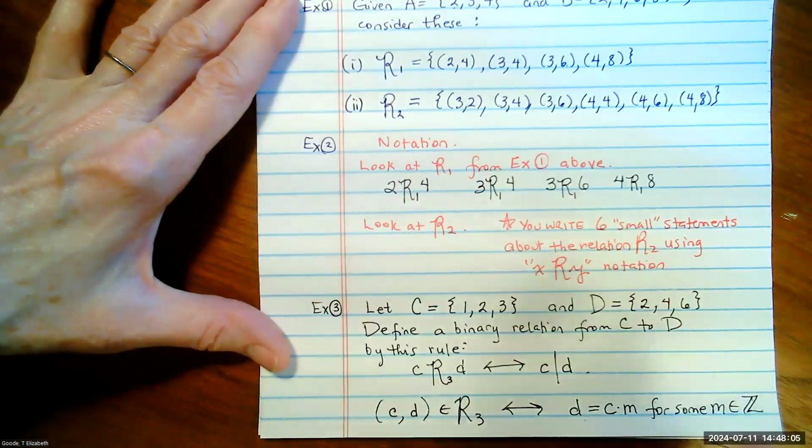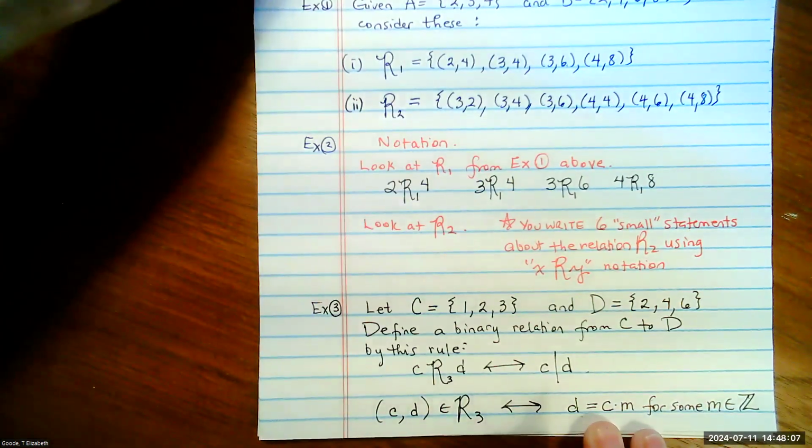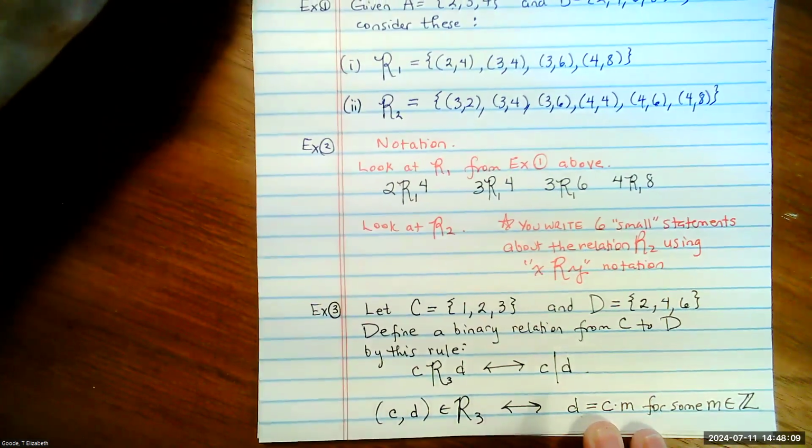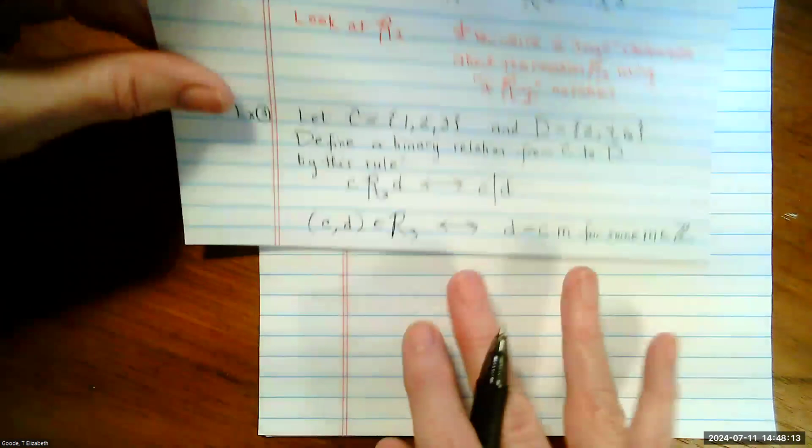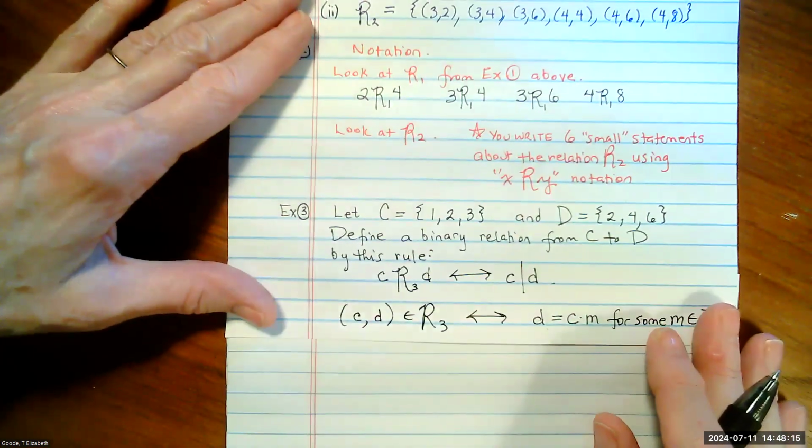That's the definition of divides. So let's find this relation, curly R3. Let's find the elements ourselves using the rule.